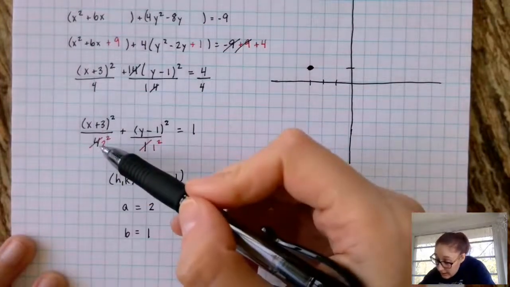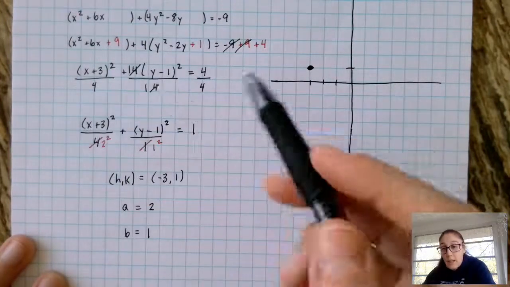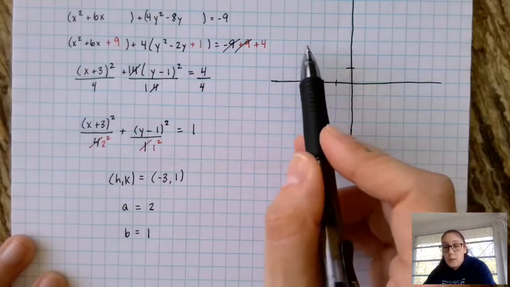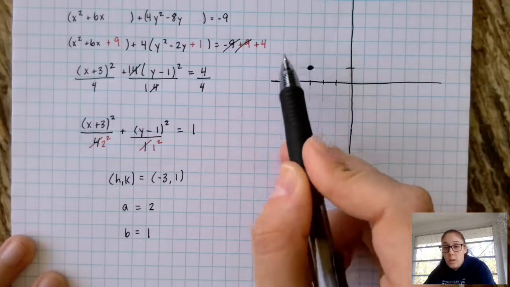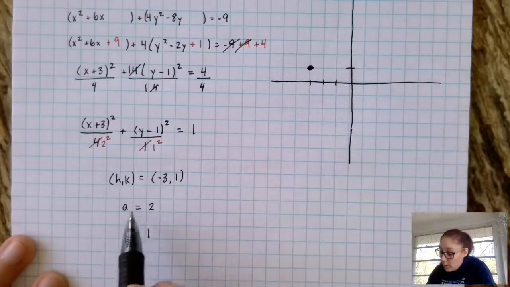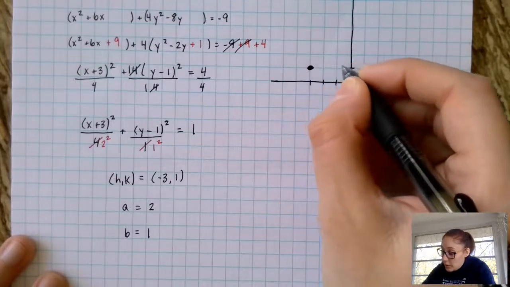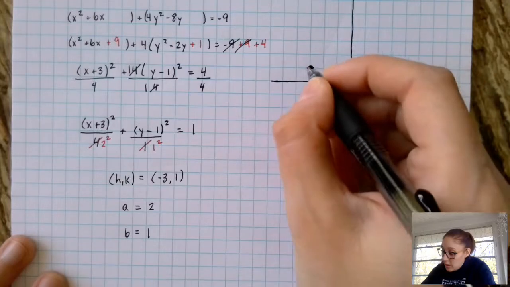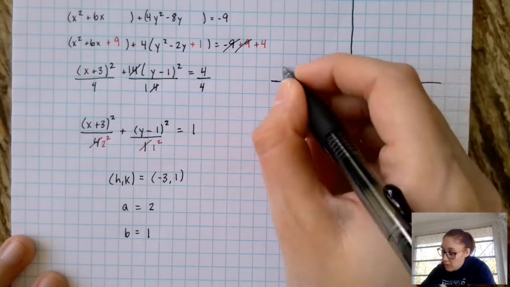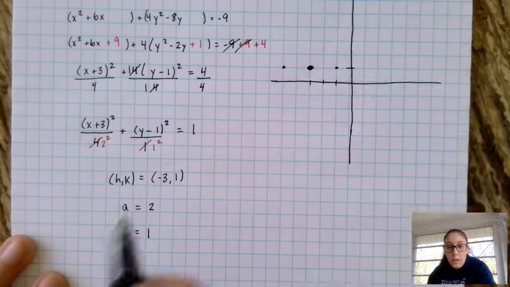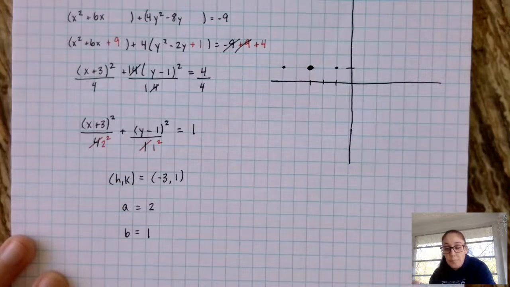Now because A is underneath x, I know that this ellipse is going to be long horizontally along the x-axis. So what we're going to do with A is move 2 units to the right, and then 2 units to the left because my ellipse is long horizontally.